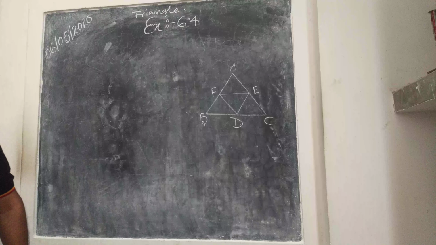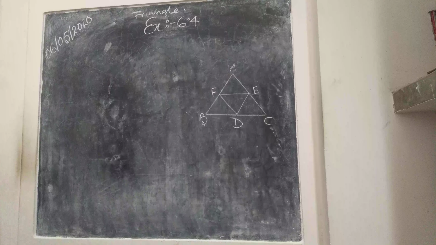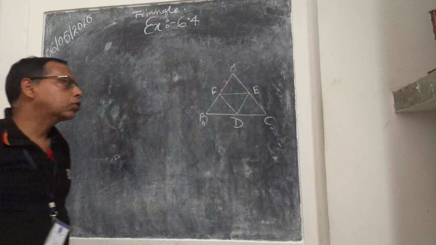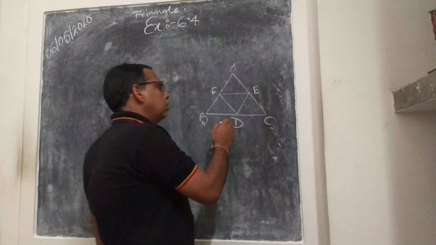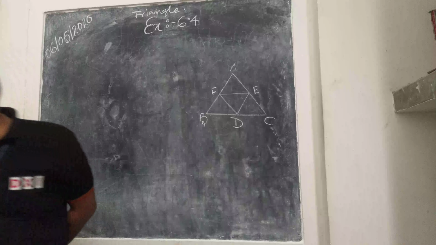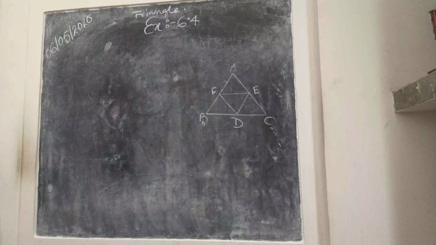You have to find the ratio of the areas of the two triangles, triangle DEF and triangle ABC.